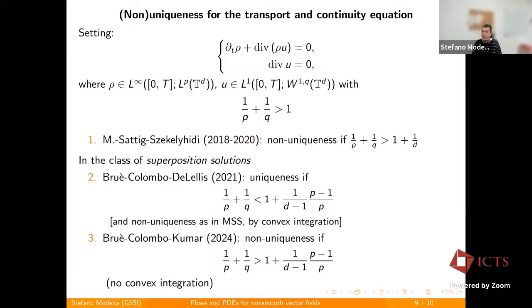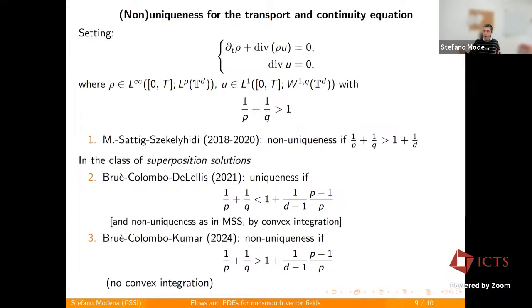And the problem is that, as far as I know, it's quite hard even to construct weak solutions which are not superposition solutions, because there is only this sufficient criterion of Ambrosio: if the solution is positive, then it is a superposition. But there is, as far as I know, no necessary criterion. So showing that a weak solution is not a superposition solution is not so easy.